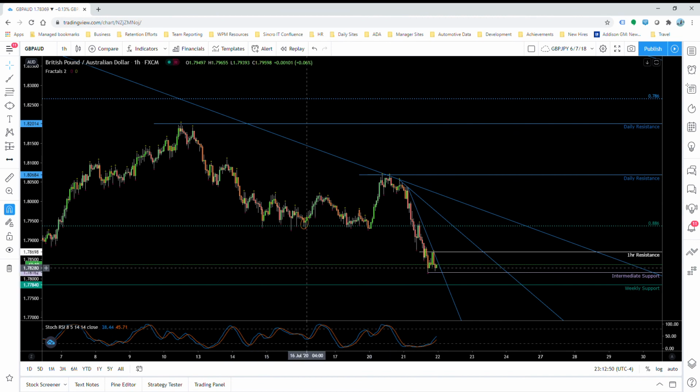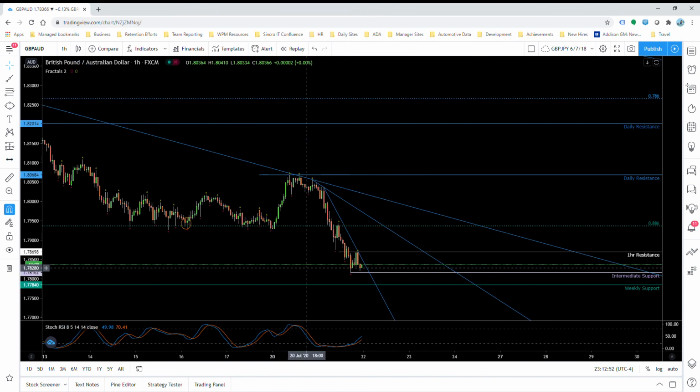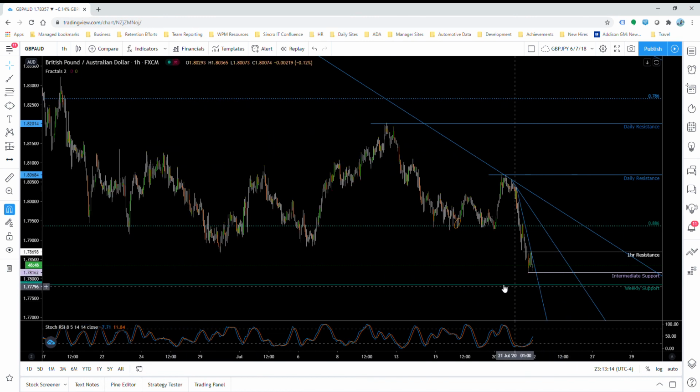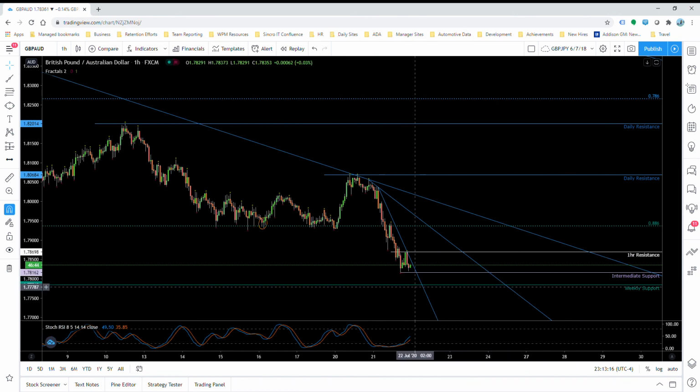So what we're looking for here on pound odd is we have price kind of consolidating here, and it's in the middle of a support and resistance zone. So we're going to wait to see, look for price to push down to this weekly support level, which would be pretty close to a 100% retracement, and we'll look for price to bounce off of that.